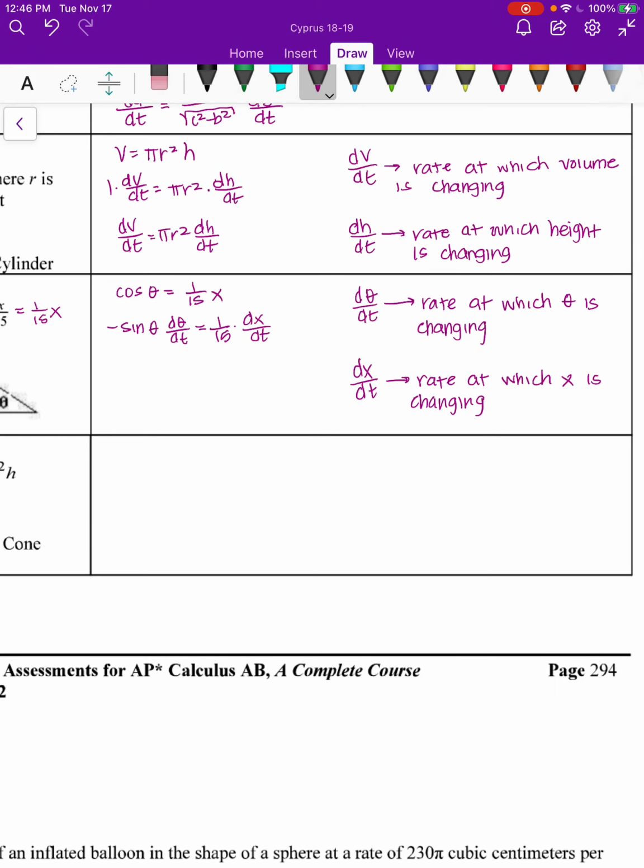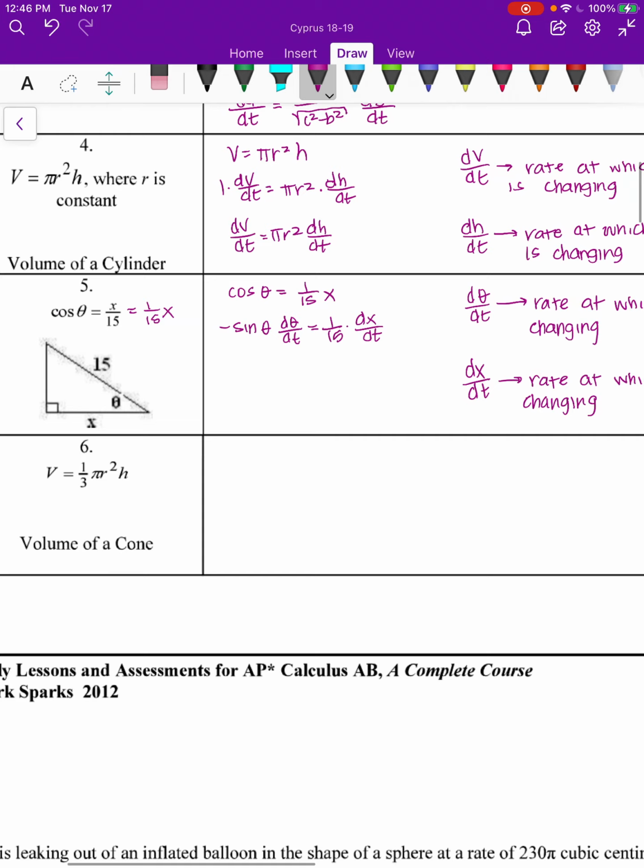The extra piece here is just multiplying by the derivative of theta. Okay. And finally, number 6, we have our volume of a cone, V equals 1/3 pi r squared h.